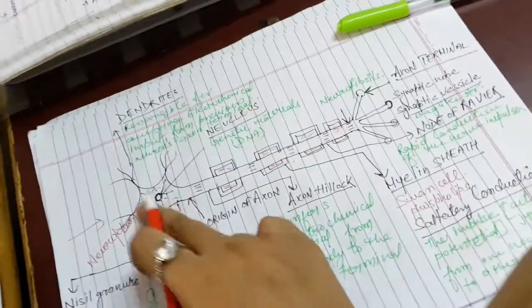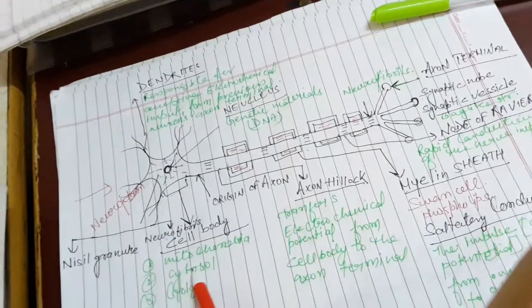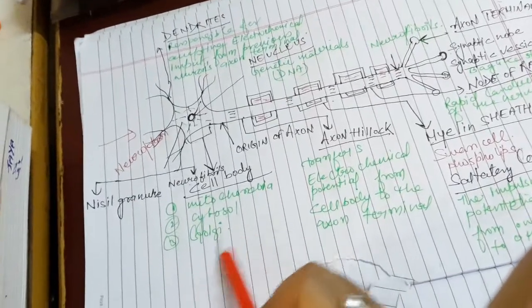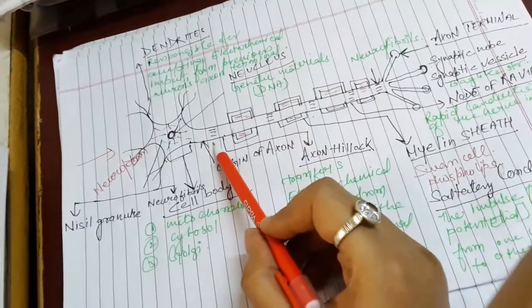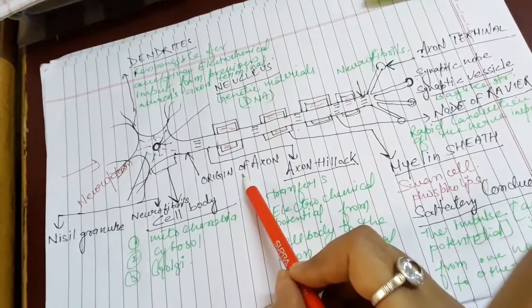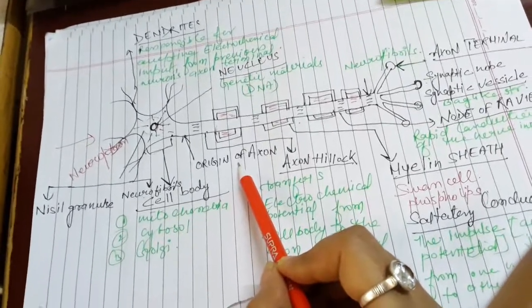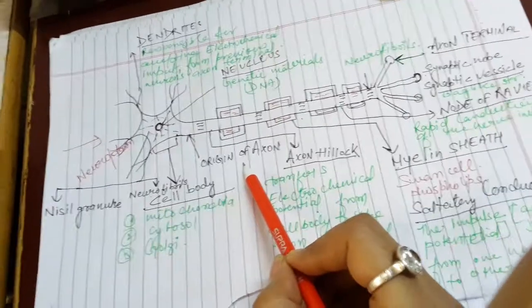This structure is called the cell body. The cell body contains the organelles which are mitochondria, cytosol and Golgi. Here is the origin of axon, the place where the action potential is generated.